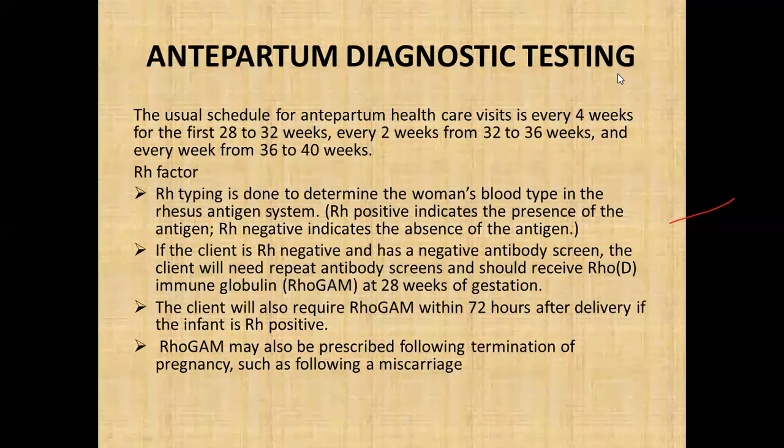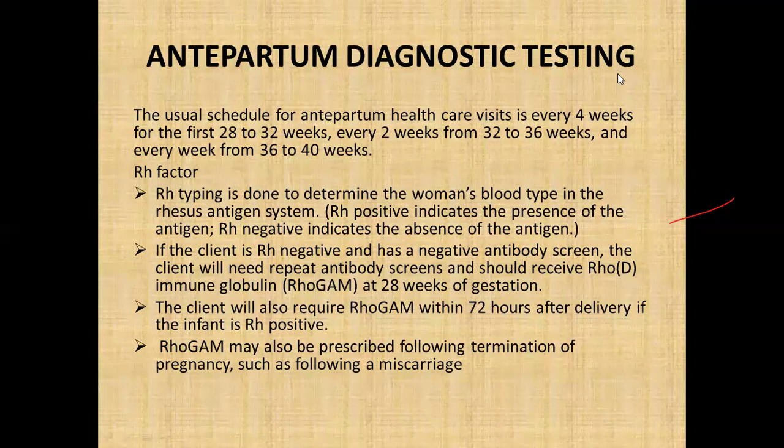How are you going to answer this? What we need to understand is the schedule you have to follow: from the first trimester up to 28 to 32 weeks, the person has to come every 4 weeks. So if the first visit was on the 12th week, you add 4 to 12, and you get 16.